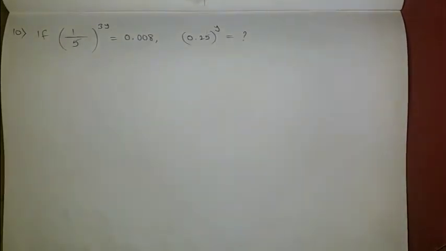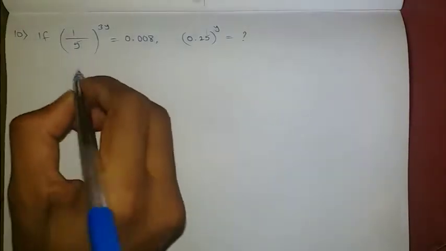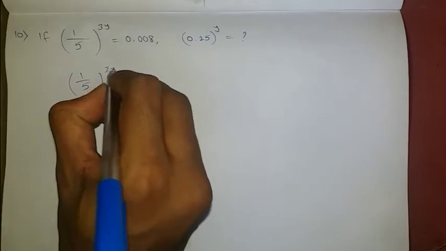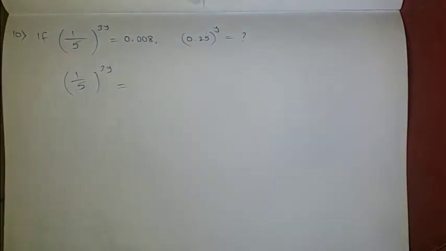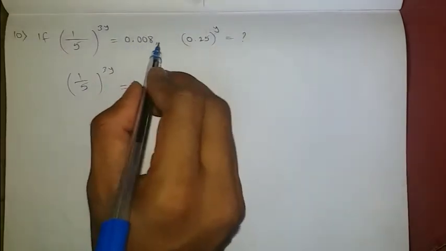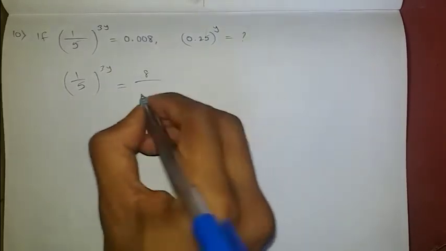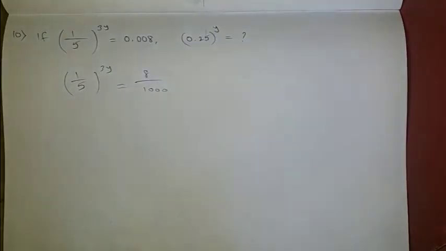If (1/5) whole power 3y is equal to 0.008, then what is the value of 0.25 whole power y? Here (1/5) whole power 3y, I am writing as it is, equals 0.008, which can be written as 8 by 1000.